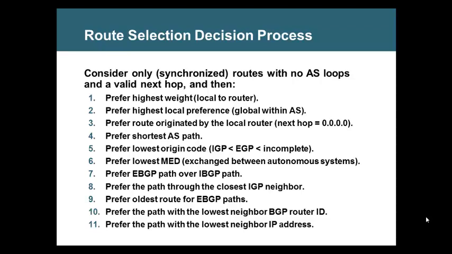In what circumstances will we get a next hop unreachable? In what situation will we get a next hop unreachable? So usually a route learned from one IBGP router.